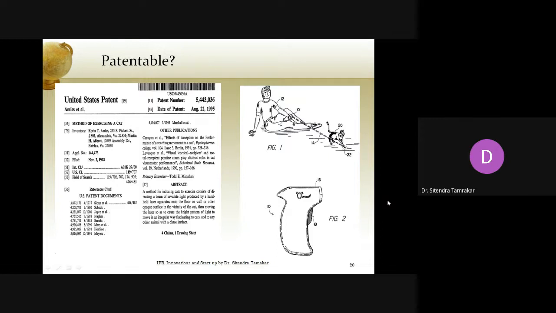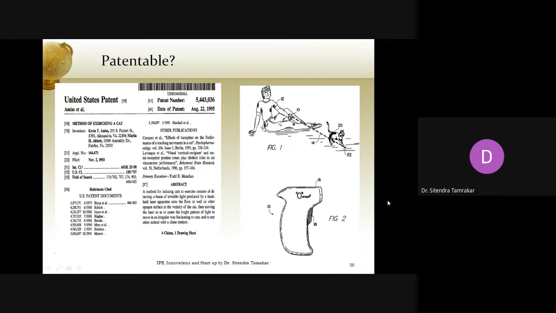Someone in the USA in the year 1995 felt that there was a problem. His cat was not exercising. She was getting fat and not moving. So he thought a lot, and he purchased a laser light, a laser pointer, which is not harmful and is only used for focusing a laser beam.